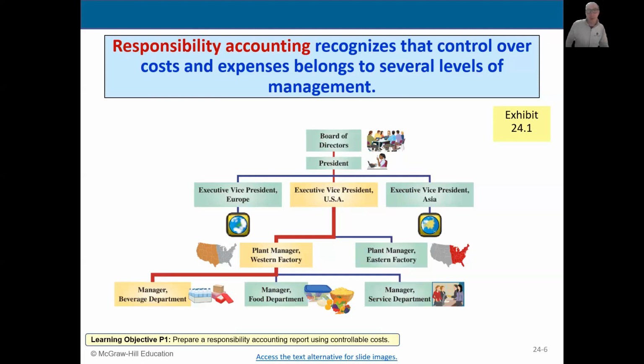In this example that you see on the screen, this is for a food processing company that has beverage, food, and service. Those three departments report to the plant manager, who reports to the executive vice president, and then the president, board of directors. That's how things are reported up the chain.